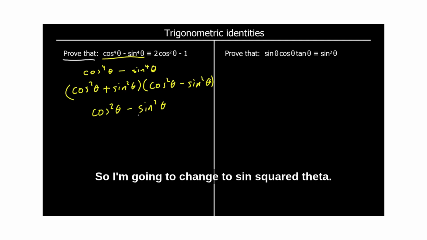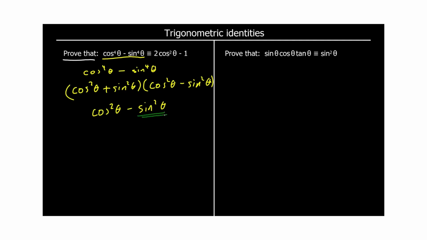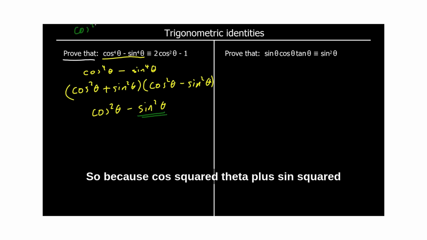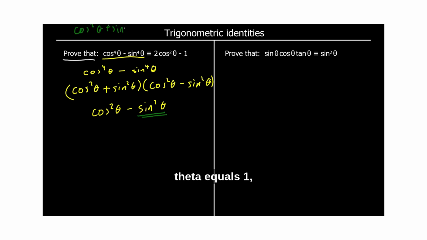I want 2 cos squared theta minus 1, so I'm going to change the sine squared theta. Because cos squared theta plus sine squared theta equals 1, sine squared theta I can change into 1 minus cos squared theta. So cos squared theta minus 1 minus cos squared theta.